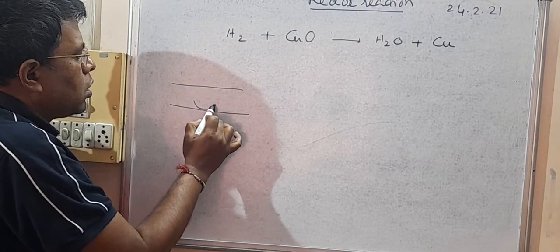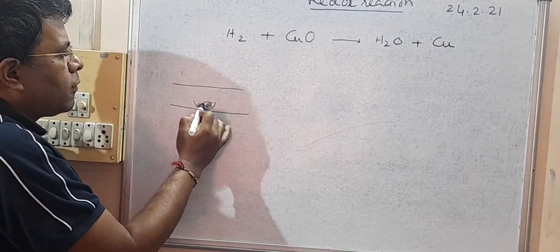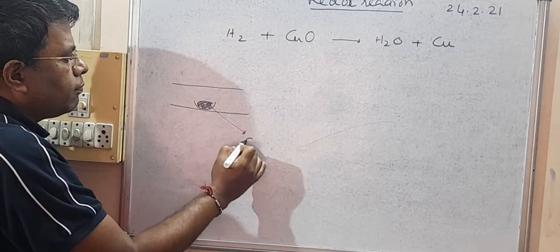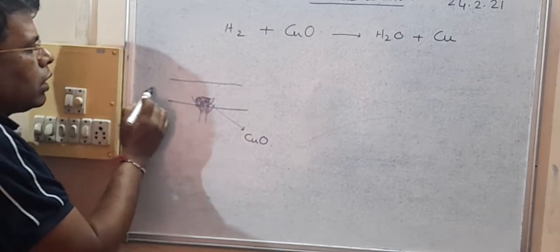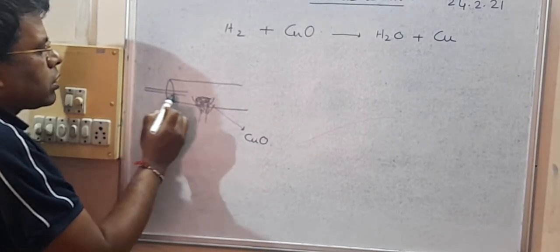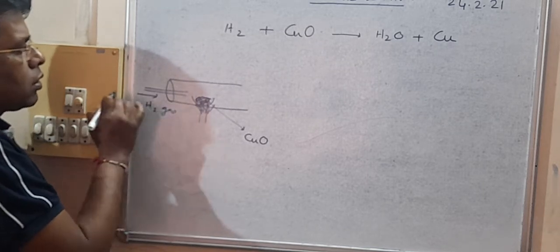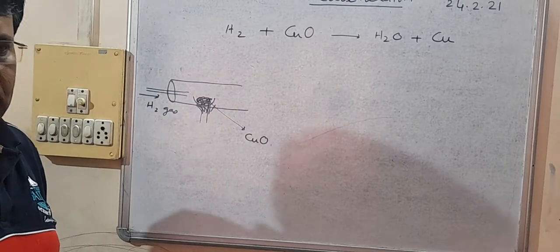Suppose in a closed chamber we have copper oxide, and it is being heated. And through an inlet we are passing hydrogen gas. So hydrogen gas is being passed over heated copper oxide. Then this reaction will take place.